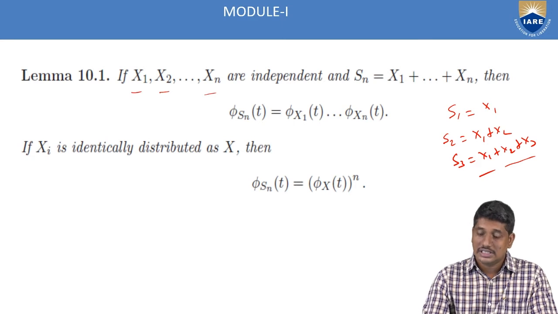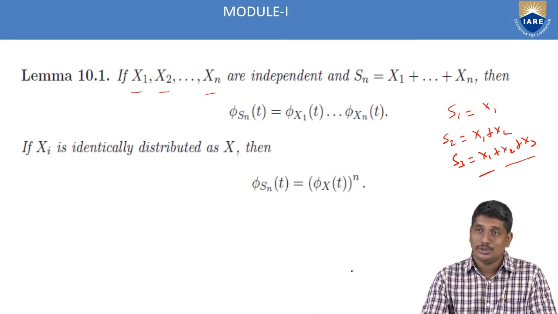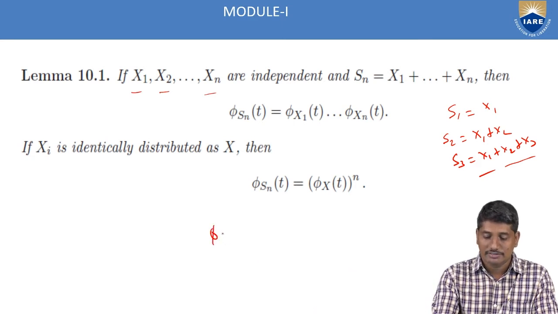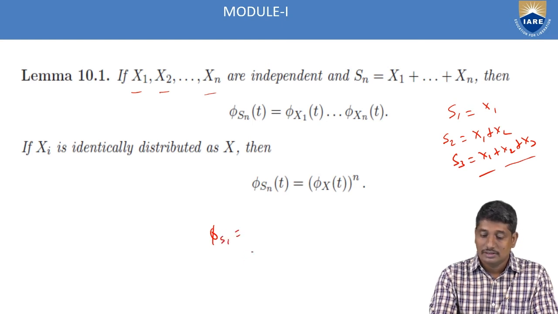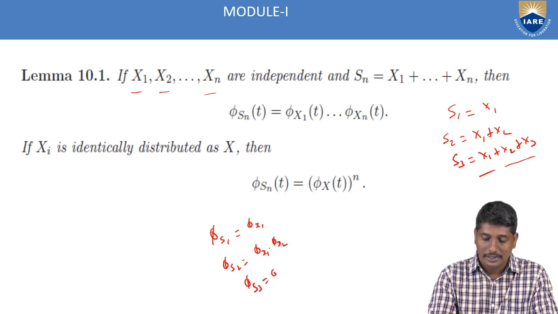For this new set of random variables, we can calculate the moment generating function: phi S1 as phi x1, phi S2 as phi x1 into phi x2, phi S3 as phi x1 into phi x2 into phi x3.